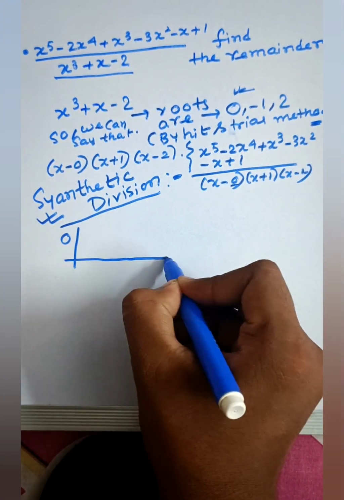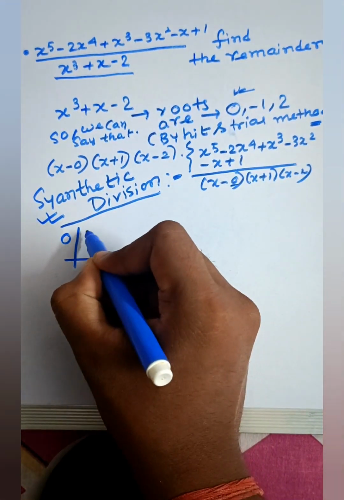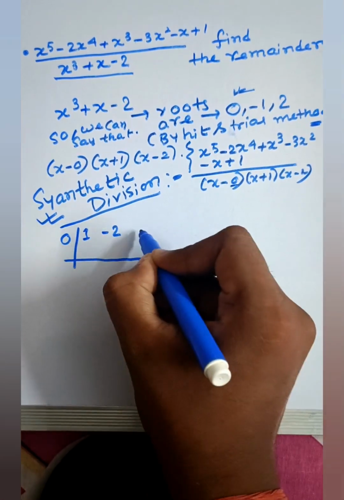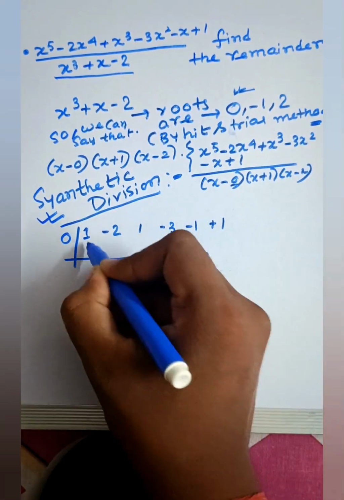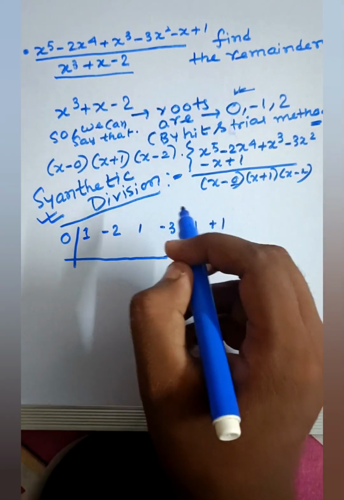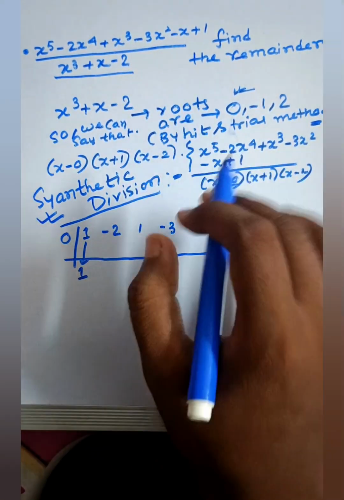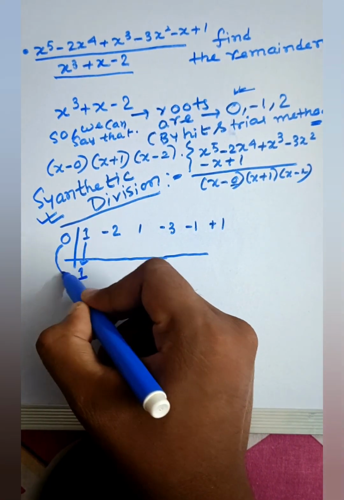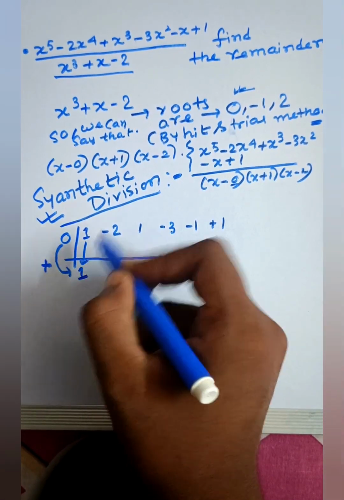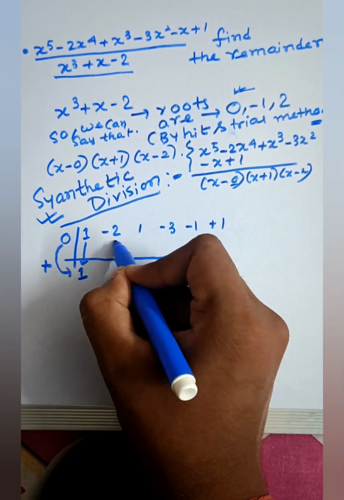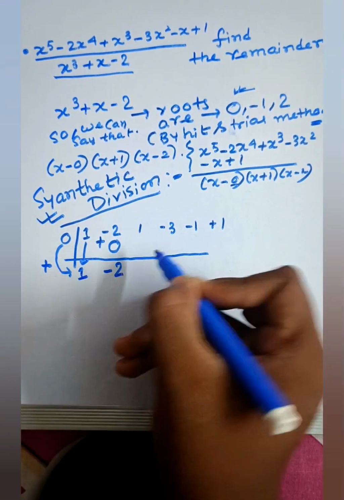So we divide the whole equation's coefficients with respect to 0. We write the coefficients 1, minus 2, 1, minus 3, minus 1, plus 1. Here is the formula: the first one comes straight downward, no calculation. Then we multiply: 0 into 1 is 0, we write it here and add, we get minus 2.